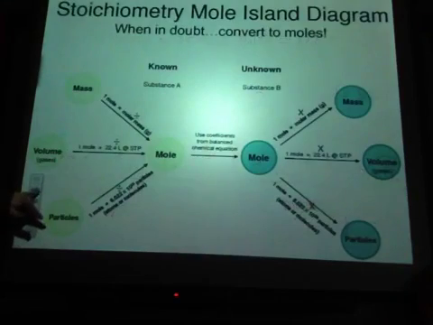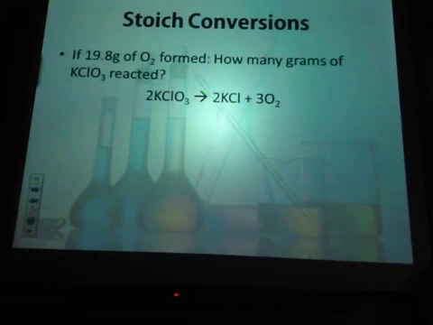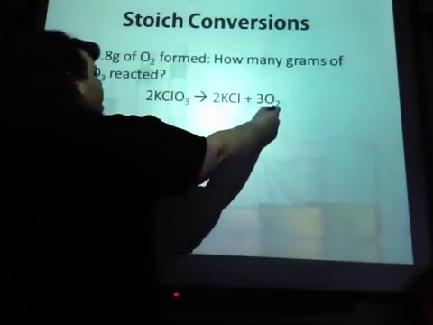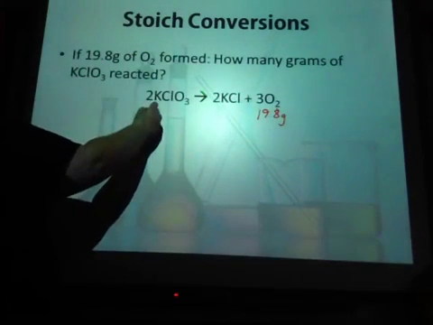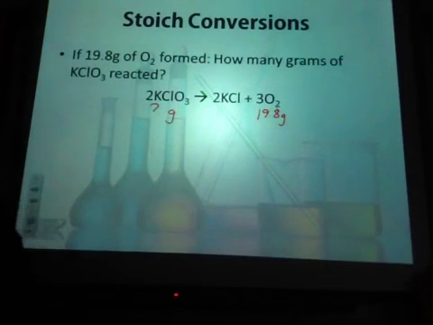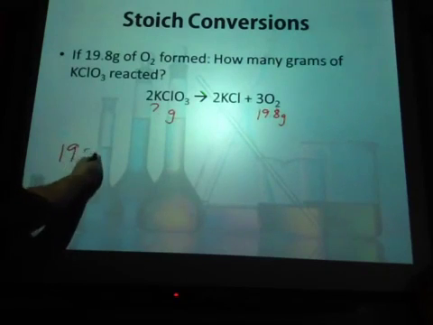Okay. Let's try one more. Why don't you try this one on your own? See if you can set this one up and solve. So we are given 19.8 grams of O2. We need to find grams of KClO3. So see if you can set this one up and calculate it.